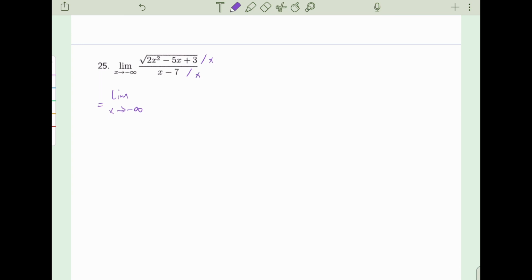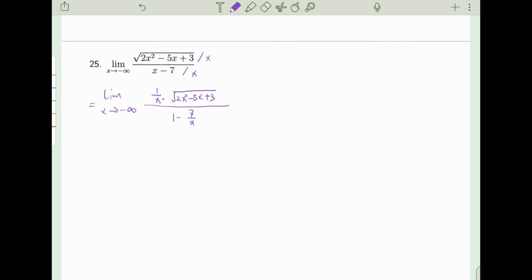So the top can be written as 1 over x times the square root of 2x squared minus 5x plus 3, because dividing by x is the same as multiplying by 1 over x. And the bottom has been converted to 1 minus 7 over x.